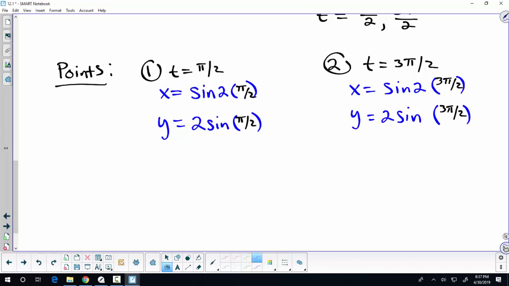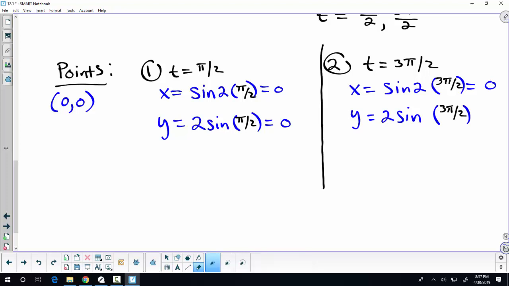So this gives us, sorry, the first one would be 0, 2. Sine of pi is 0, and sine of pi over 2 is 1 times 2 is 2.